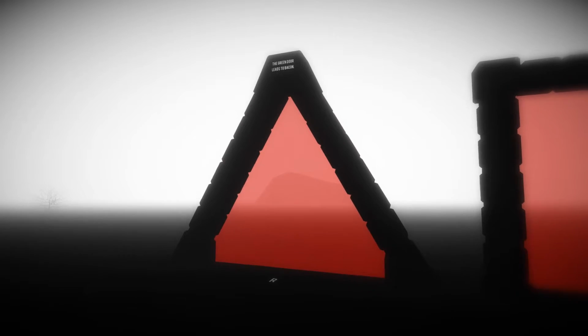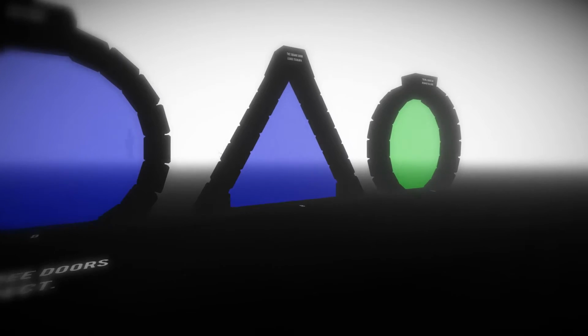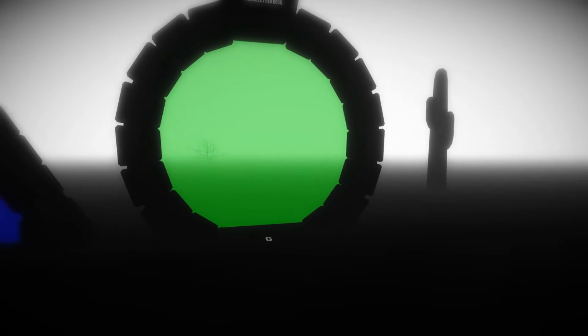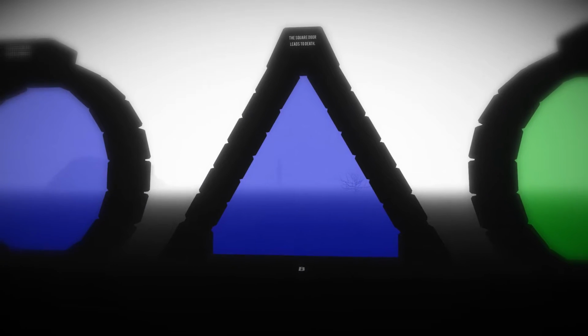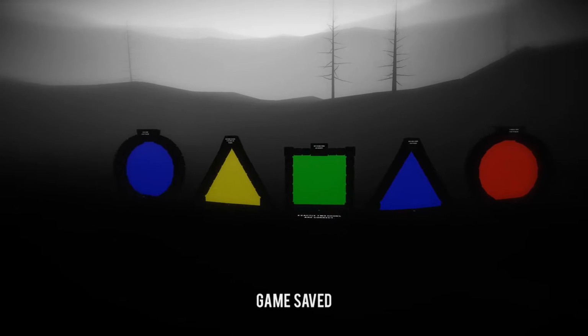The green door leads to bacon. We'll assume that is right. Well, if we assume that is right, then the green door just leads to bacon. That's it. Square door leads to death. That can be also true. And both blue doors lead to death. That can also be true. So let's try this. All right.